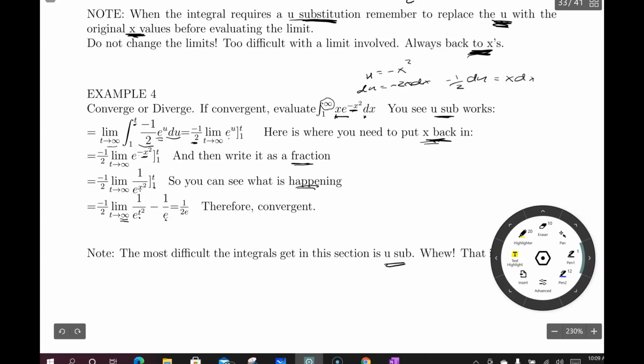Now as I let t go to infinity, I get 1 over e to the infinity, which is 1 over infinity, which is 0. Then I've got this left over, so 0 minus 1 over e, times this negative 1/2, so I get 1 over 2e. Since this integral goes to a number, I say it converges.